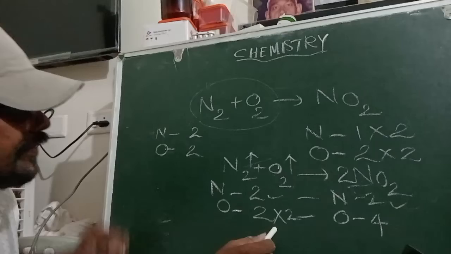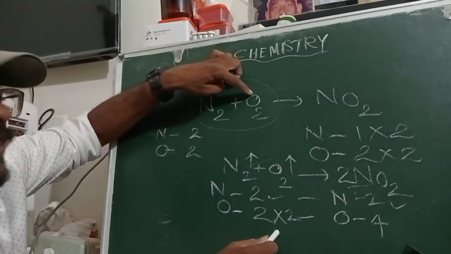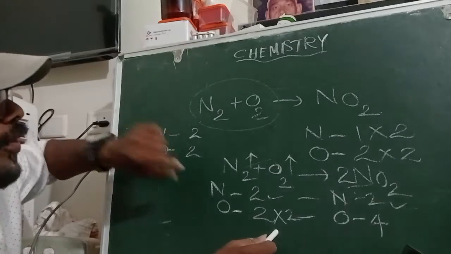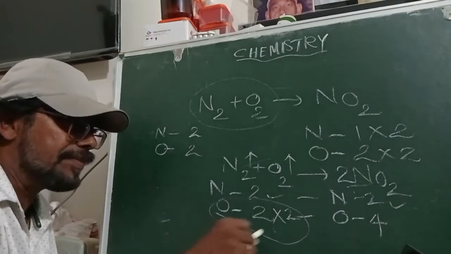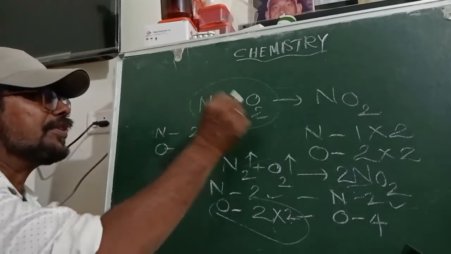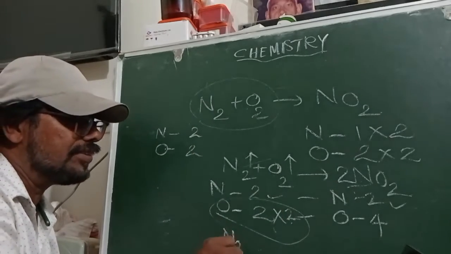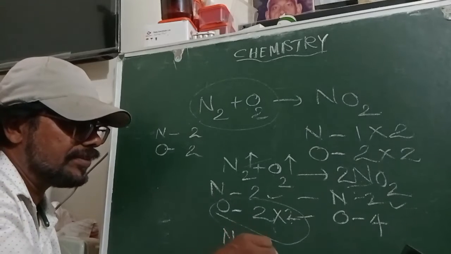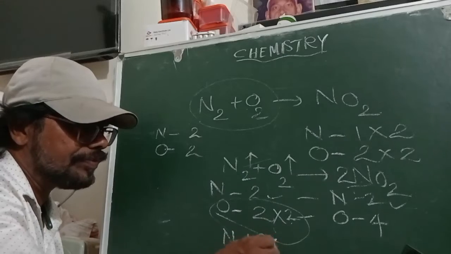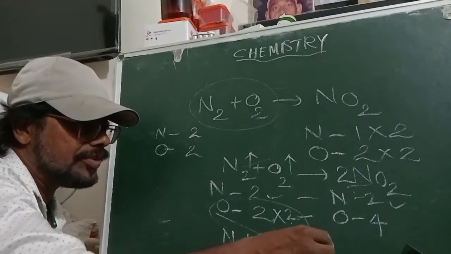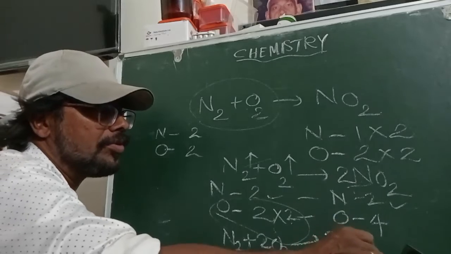Now observe, nitrogen is individual and oxygen is individual here in the reactants. So we should not multiply N2 with 2 because it itself is multiplied. So we have to place the 2 before O2. Now the final equation is N2 plus 2 O2 gives rise to 2NO2.